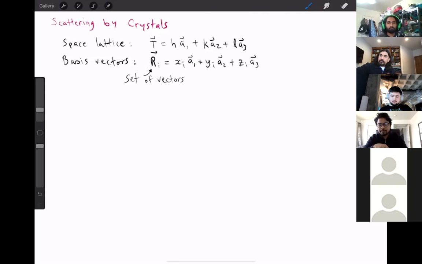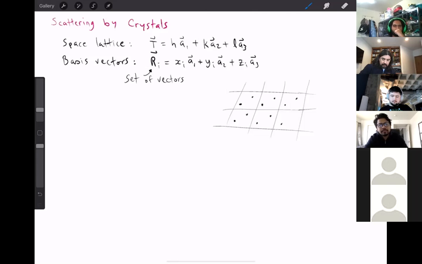But the T vector, let's say we had a unit cell. Let me try to draw it. Let's say this was your structure that goes to infinity. Your R vectors are going to describe, let's say, two atoms, one here and one here. And then this little square is repeated here and here, like that.